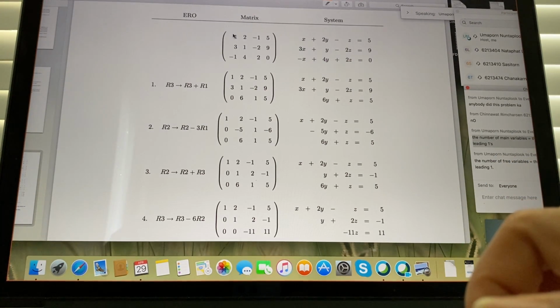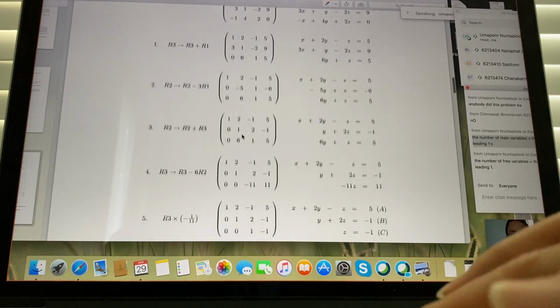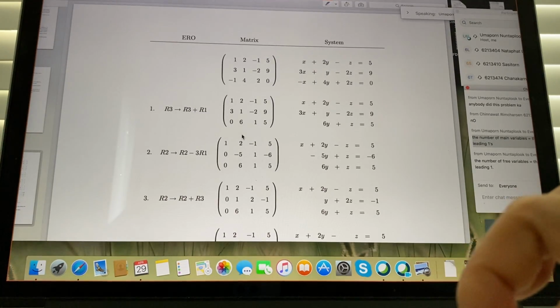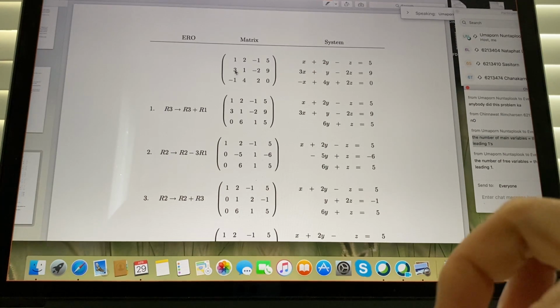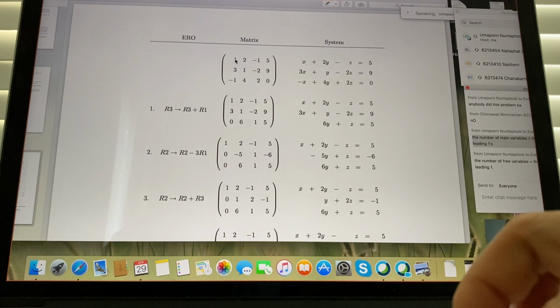Therefore, to get reduced row echelon form, we just do row echelon form first. Once you have the leading one, the two numbers below it are supposed to become 0. The first step, they deal with the last row. They want to make this term become 0 first.